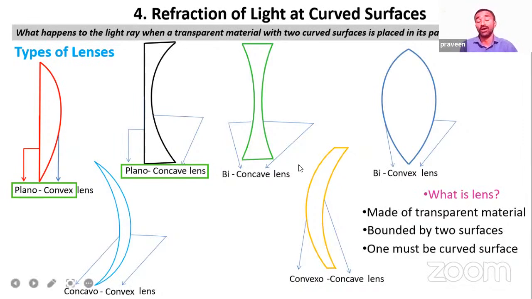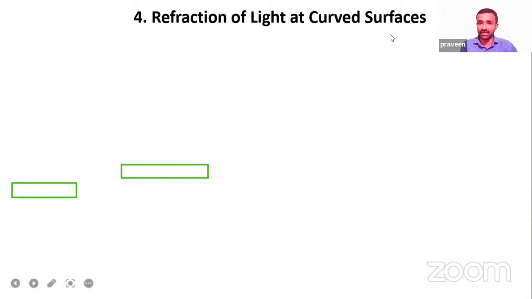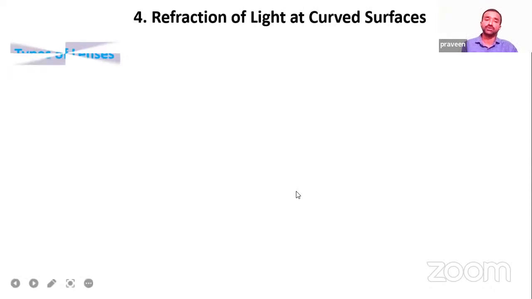Also, we are able to name lenses based on their behavior. Based on the surfaces, I assigned the names plano convex, plano concave, biconcave, biconvex, concavo convex, and convexo concave. Now I am assigning the name for lenses based on their behavior towards light rays.